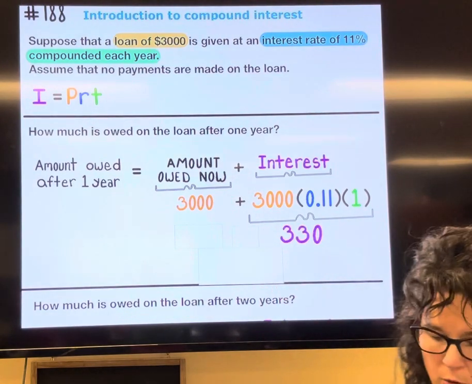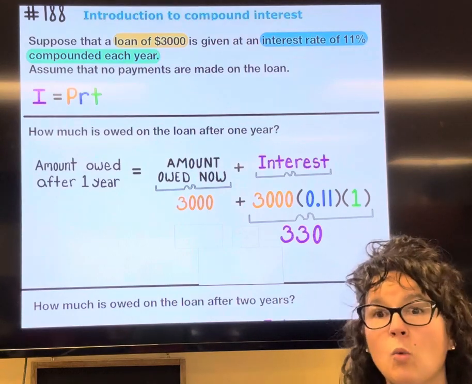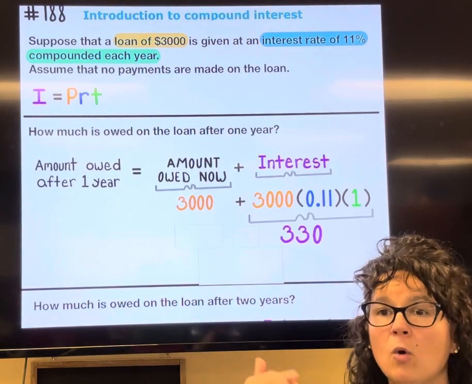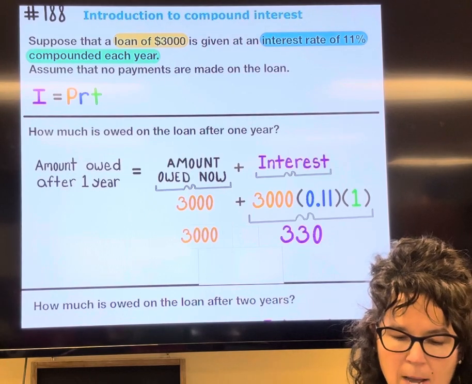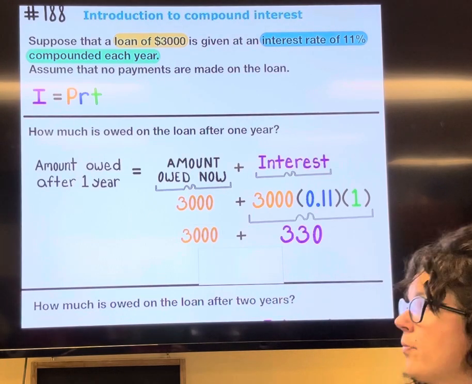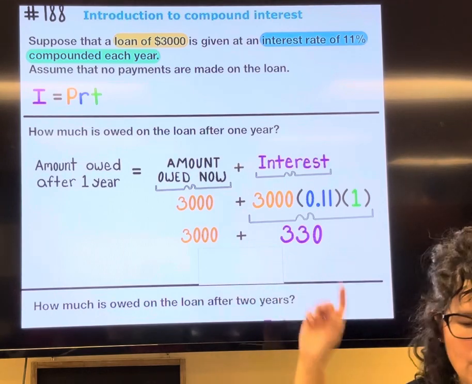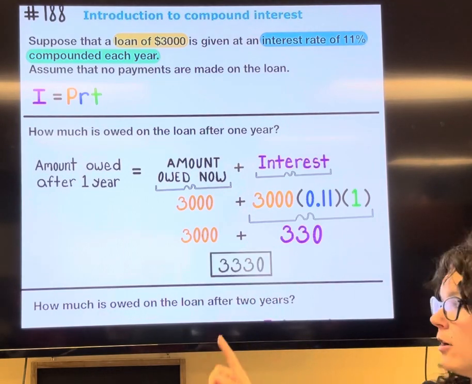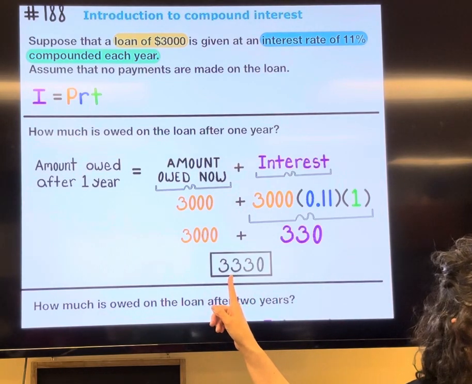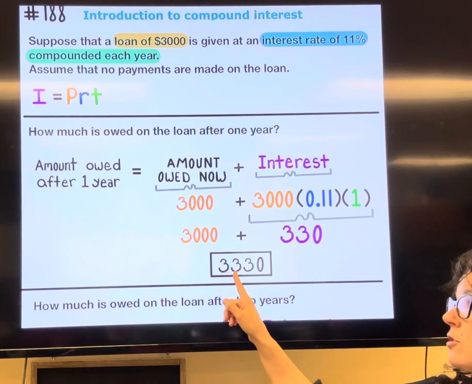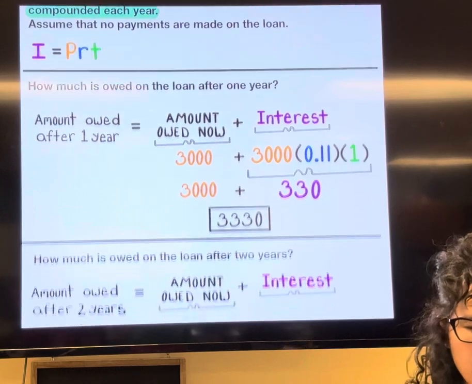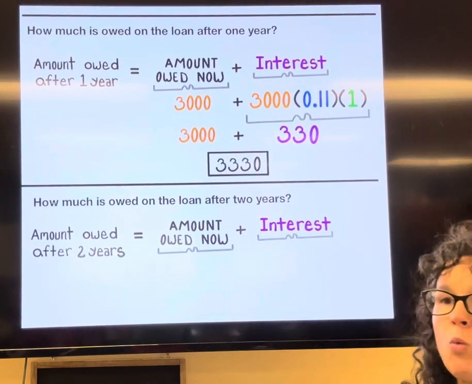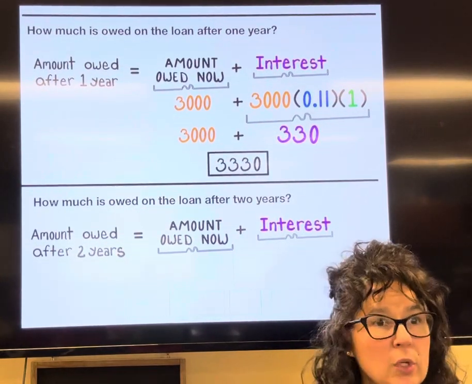So for borrowing the $3,000 for 1 year, I'm going to owe an extra $330. So the amount of money that I owe after 1 year goes by, when I add those together, is $3,330.